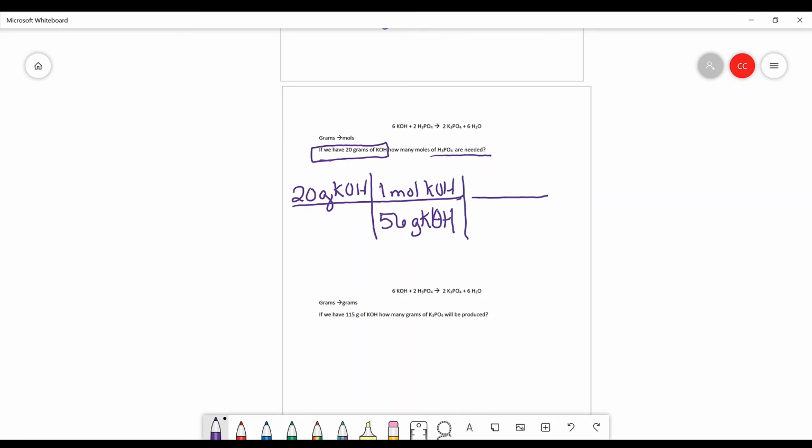Then the second step is to convert moles to moles, and in this case, moles of KOH was 6.